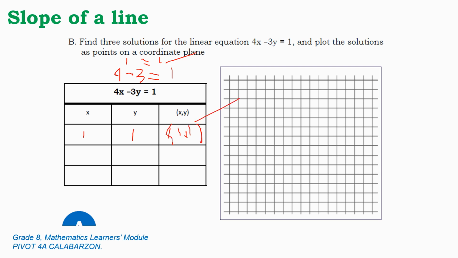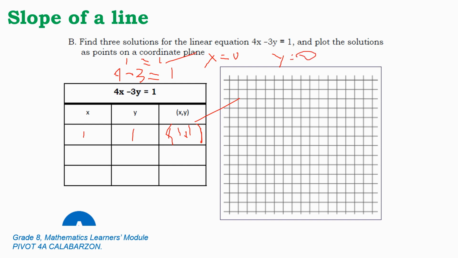This means the line, the equation of the line, passes through the point 1, 1. How do we find other points? Set x equals 0 and y equals 0.